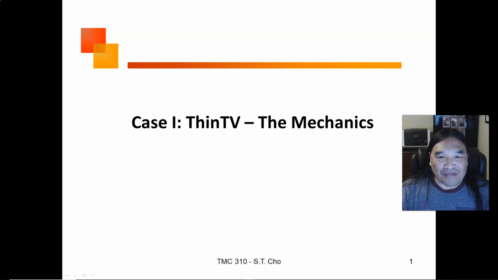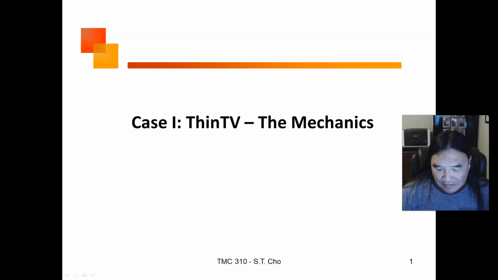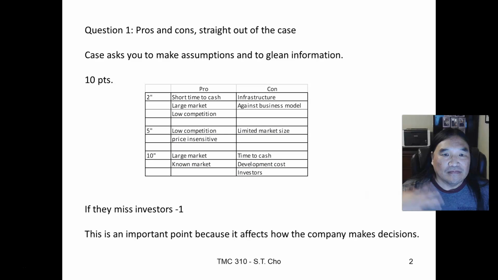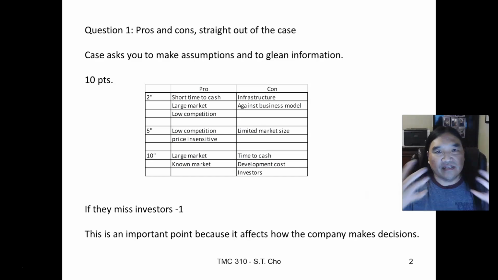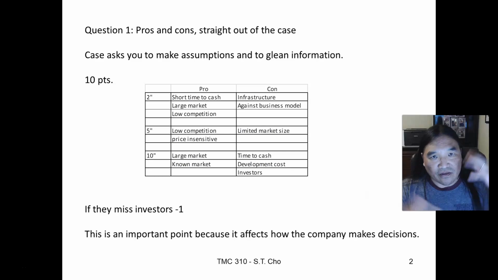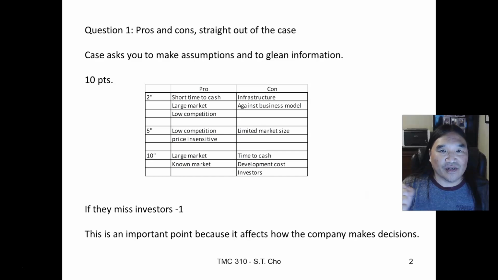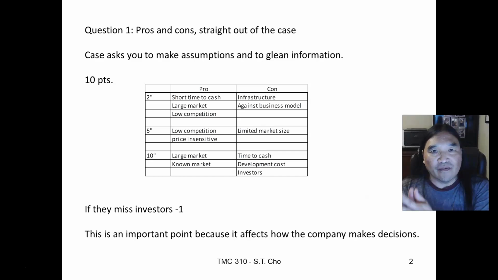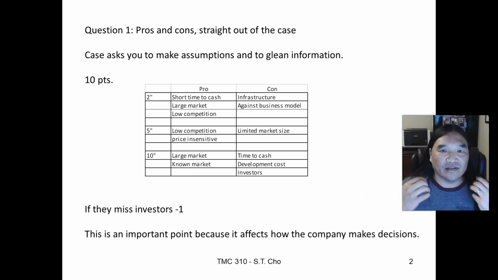Anyway, for Thin TV, the first question was to talk about the pros and cons. Now, when you have a case, there's a lot of information and a lot of details, and this is actually what happens in industry. You have all this information, and now you need to sort it out and figure out what information works and what information doesn't work.